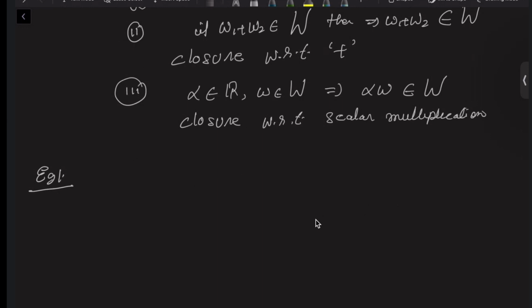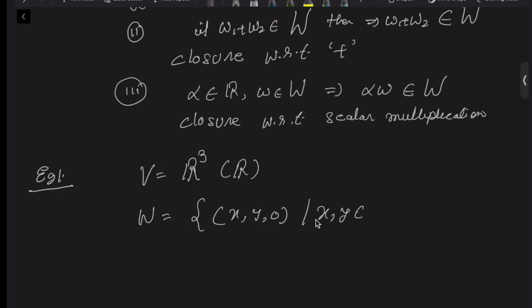So example 1. Let V be R3 over R, and I take a subset of V, which takes the elements of this form x, y, 0 such that x comma y belongs to R. So clearly we can see that W is a subset of R3.